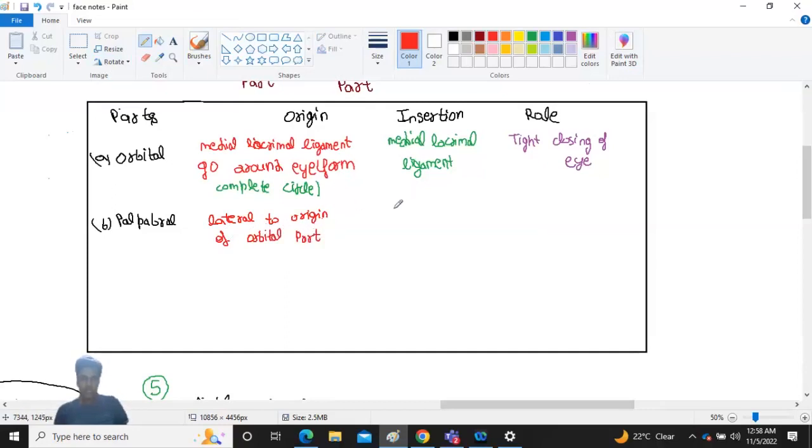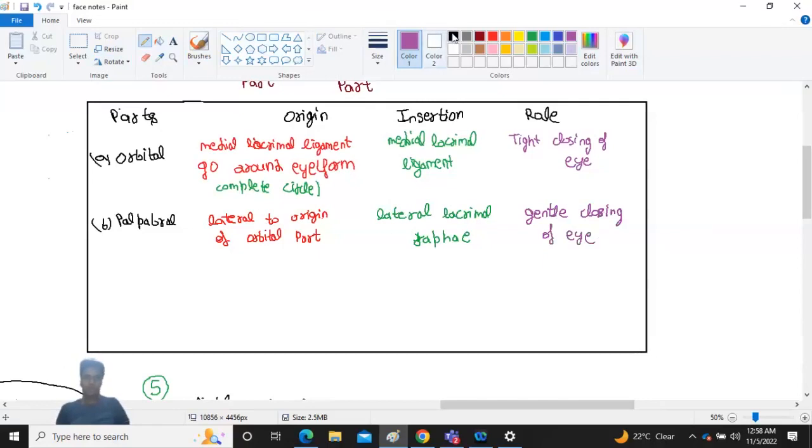Done. And insertion is in the lateral lacrimal raphe. This lateral side is raphe, not ligament, and the role is gentle closing of eye.